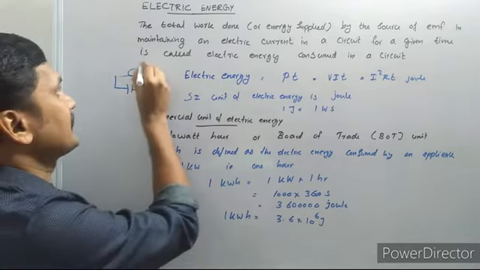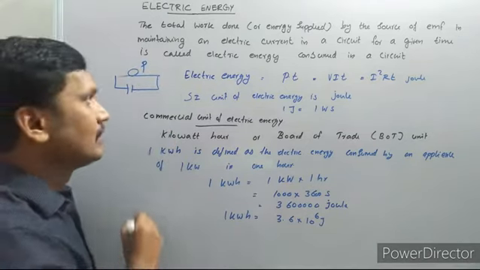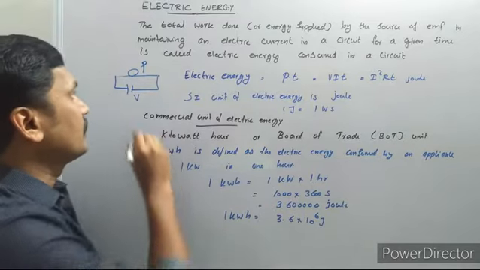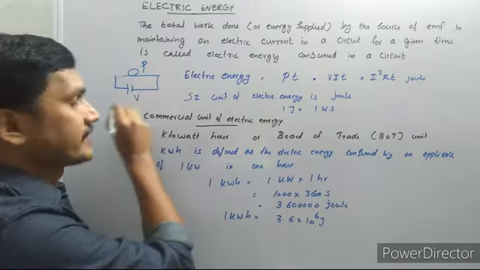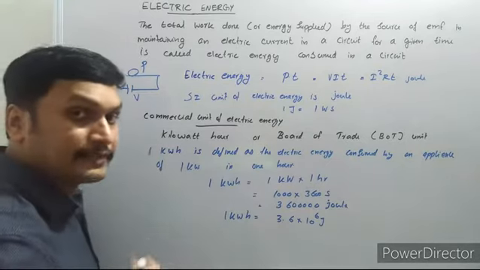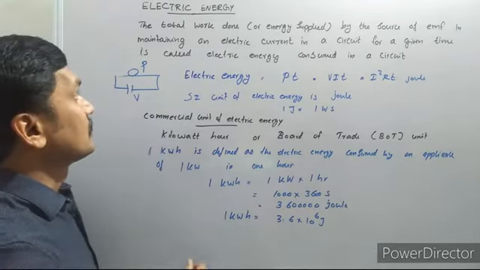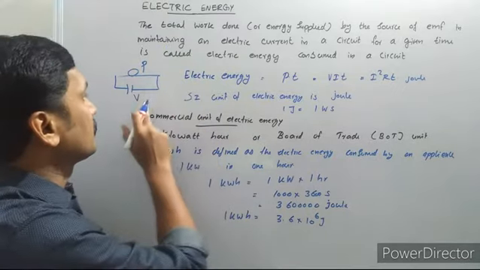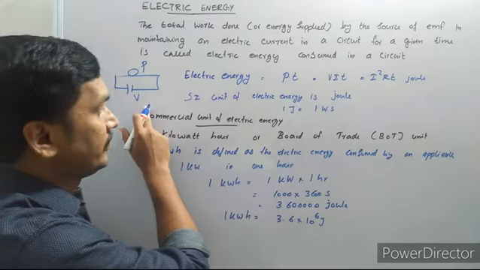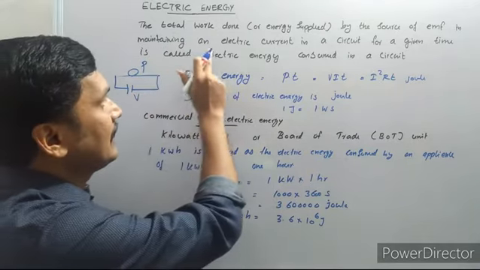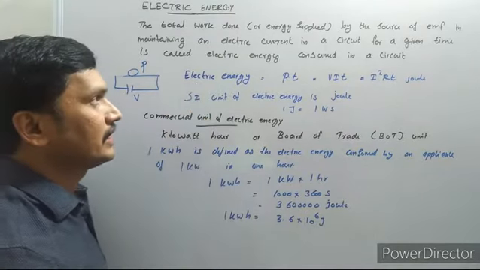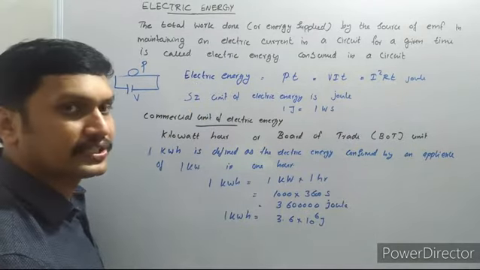Say P is the power of this appliance, connected to a potential V. In order to maintain a current through this circuit, the source has to expend its energy.